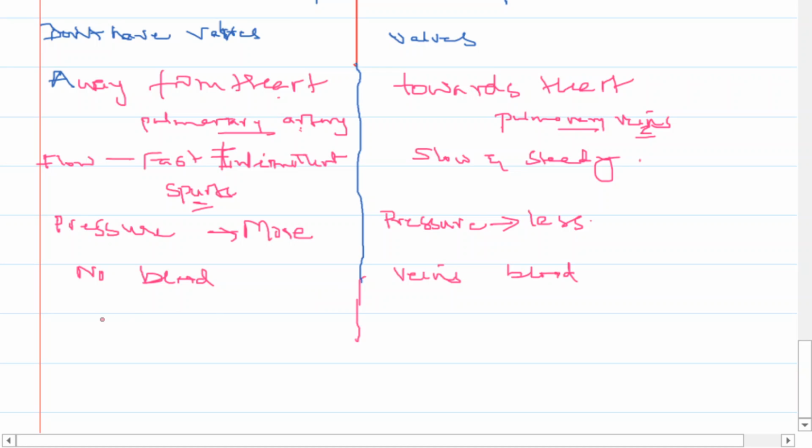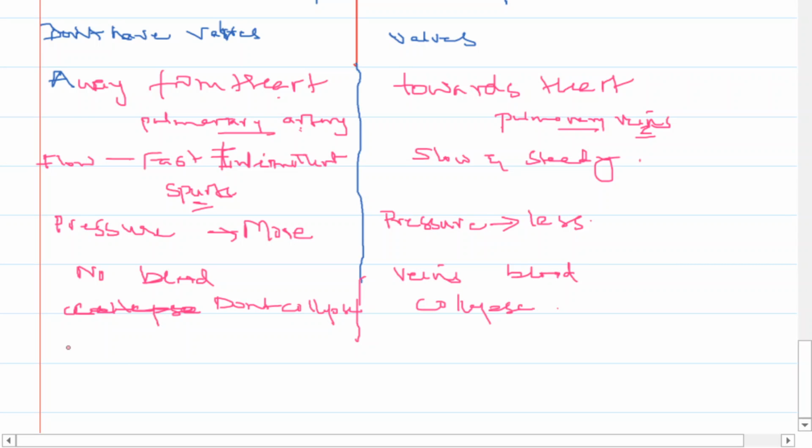And if there is no blood, vessels usually collapse. But the arteries, when empty, don't collapse because of the strong muscular layer that they have. But the veins collapse.